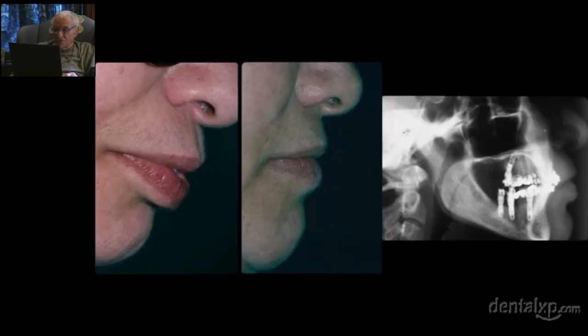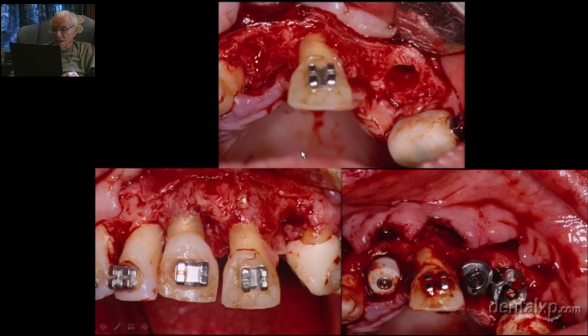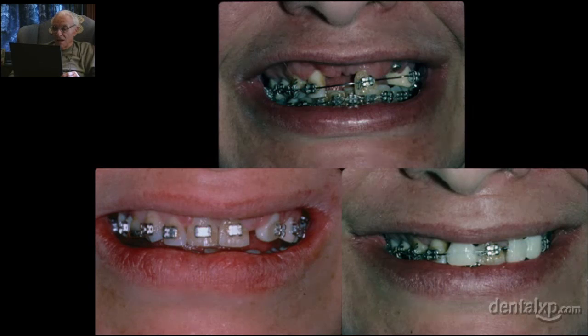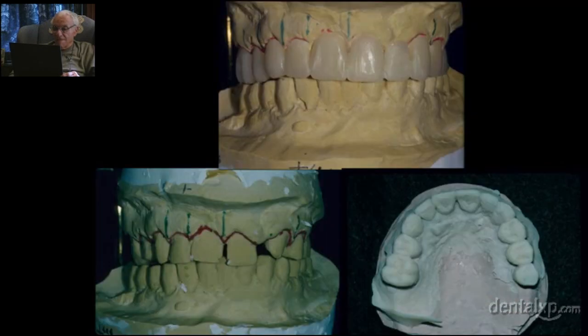Notice the aesthetic improvement with the repositioning of the anterior teeth as opposed to what we have here. And setting up again the tissues for placement of the implants. And provisional restoration made.